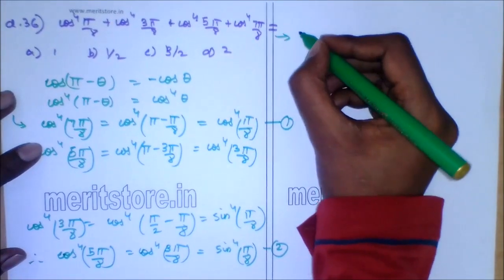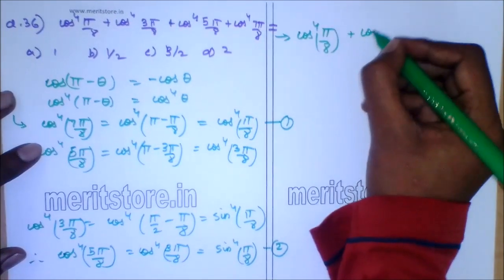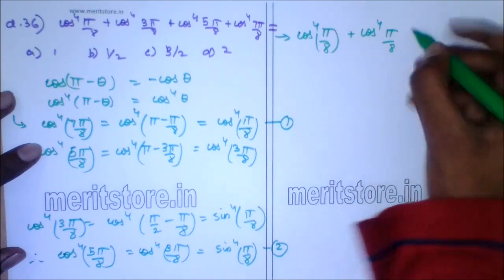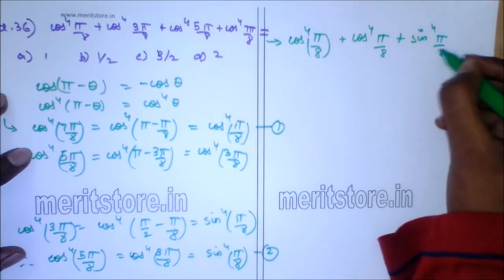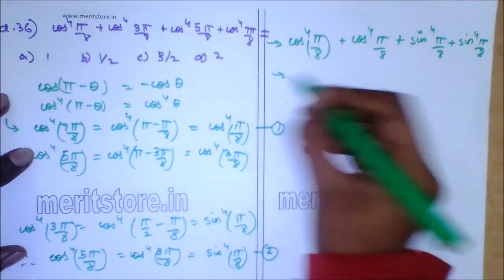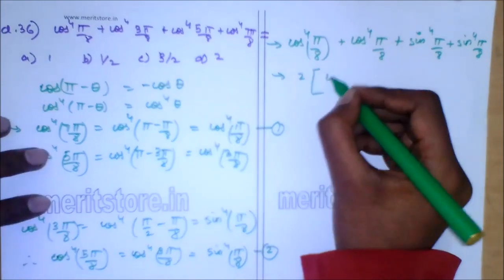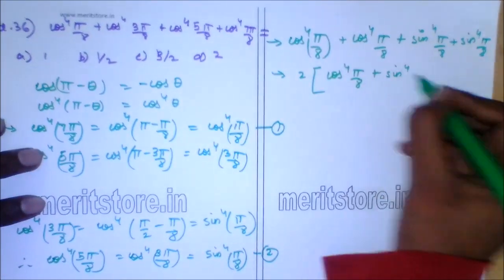So we get cos raised to 4 pi by 8 plus cos raised to 4 pi by 8 plus sin raised to 4 pi by 8 plus sin raised to 4 pi by 8. Simplifying this, we get 2 times cos raised to 4 pi by 8 plus sin raised to 4 pi by 8.